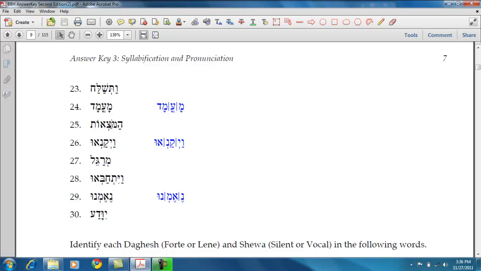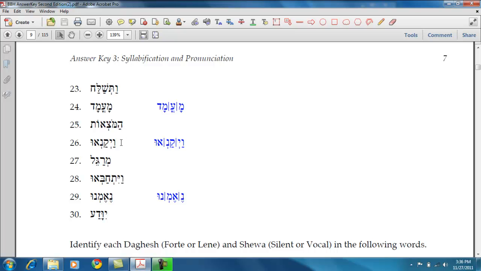Then we break the third syllable, which would be tsade shva. Next syllable would go aleph holam vav tav. Hamot seot. So hamot seot is four syllables on 25 right here.